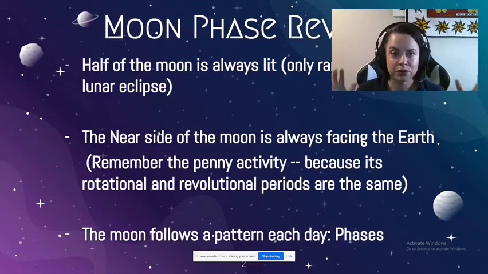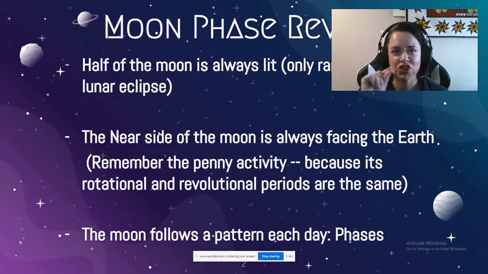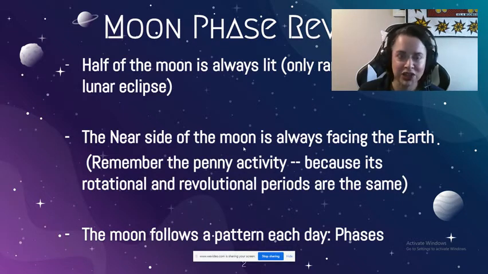And if you are having trouble wrapping your head around this, the penny activity is a really good activity to help you understand how the moon's rotation is the same period of time as its revolution around the earth. And so basically, we are always seeing the same side of the moon because the rotation and the revolution period are the same.